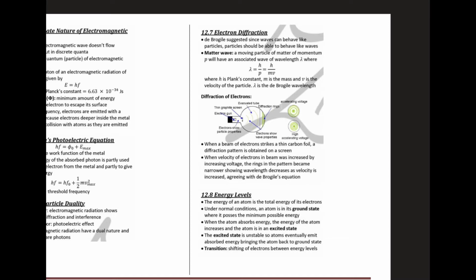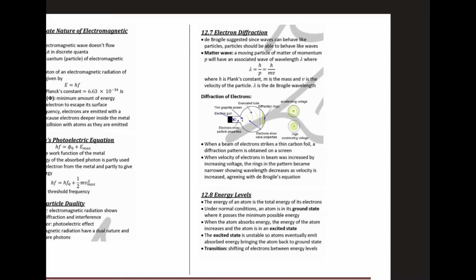The electron that is moving is called a matter wave. A moving particle of momentum p will have an associated wave of wavelength lambda. Imagine an electron when it is moving.